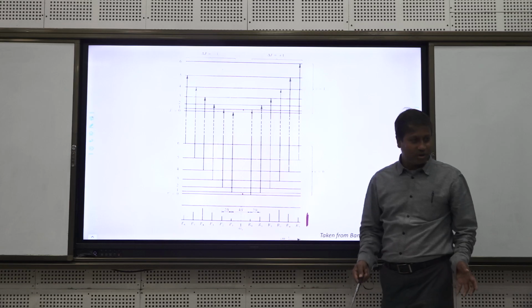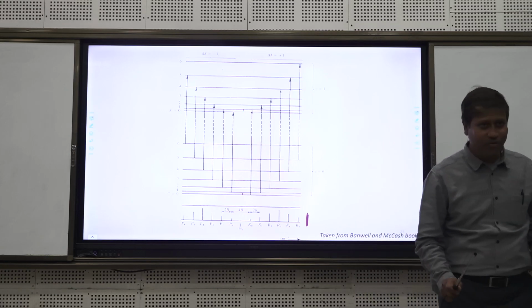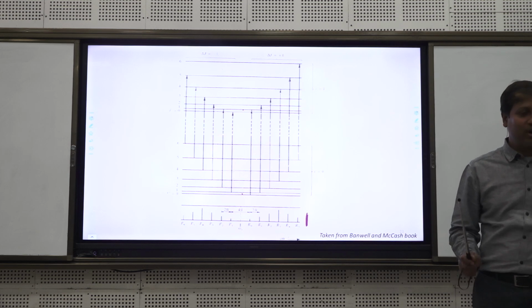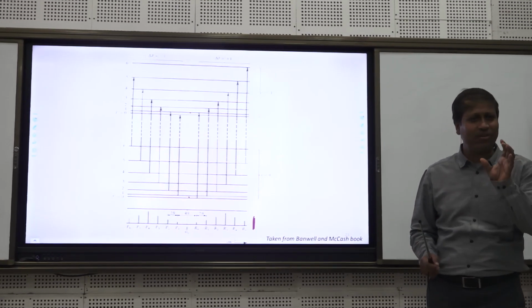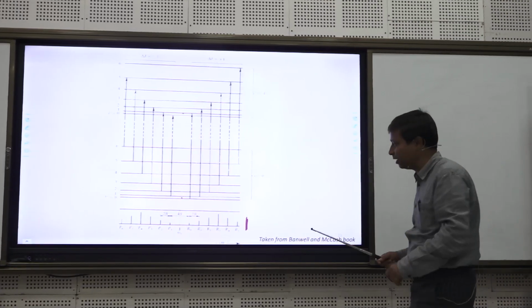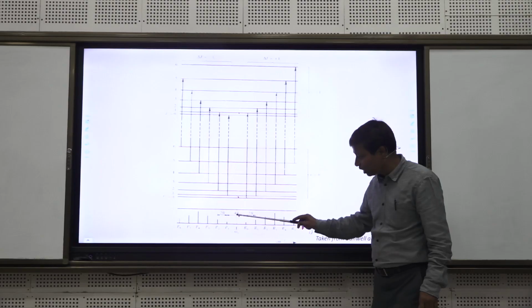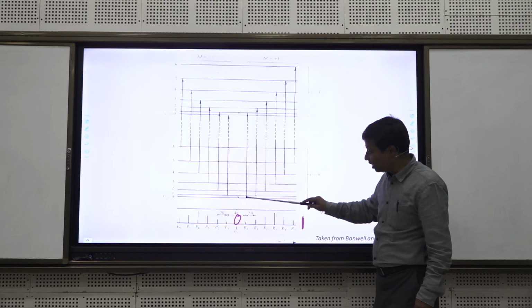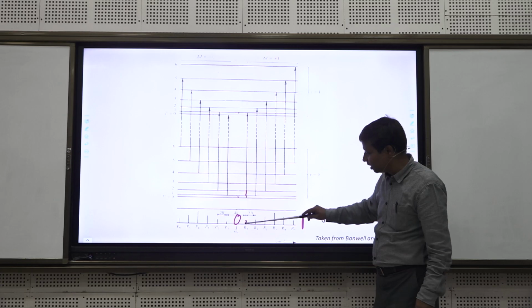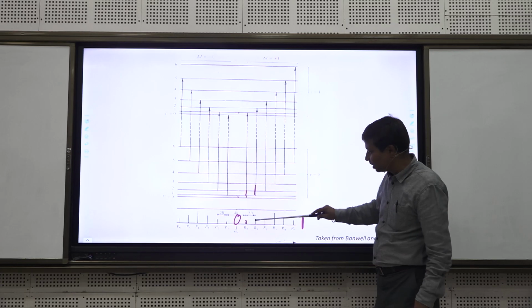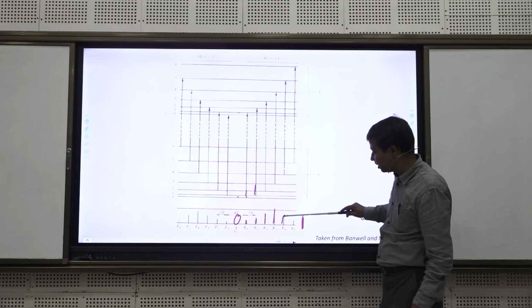The rule delta J equals 0 usually does not happen, because whenever there is a change in delta v, delta J must change, except in some specific cases like nitrous oxide. So this center band is not there. Now this transition appears here, this one appears here, and this one here.